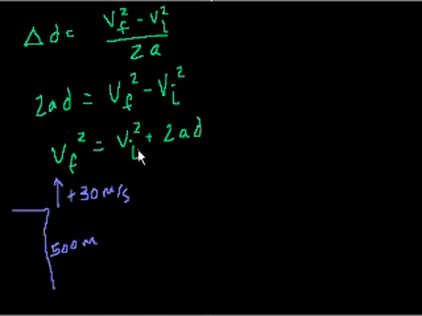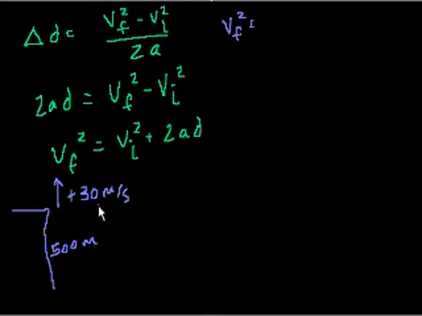So let's use this formula, or any version of this formula, to figure out what our final velocity was when we hit the bottom of the ground. Well, this is probably the easiest formula to use because it actually solves for final velocity. So we can say that the final velocity, Vf squared, is equal to the initial velocity squared.